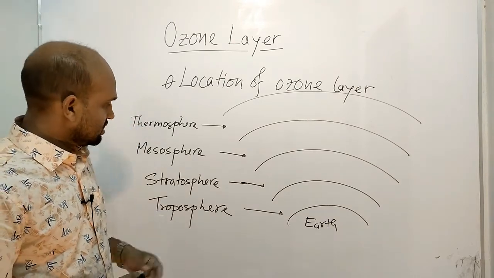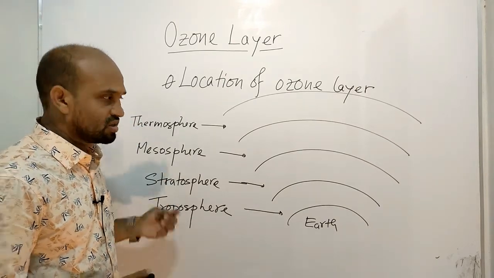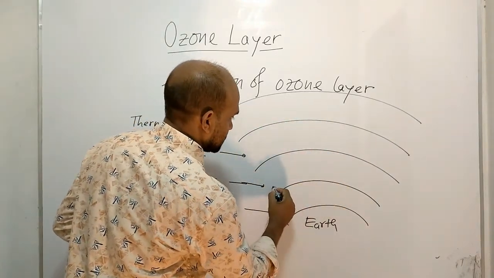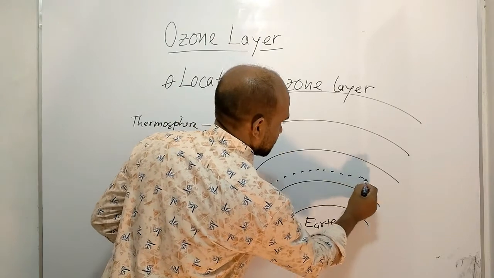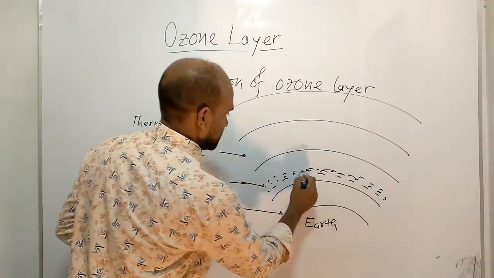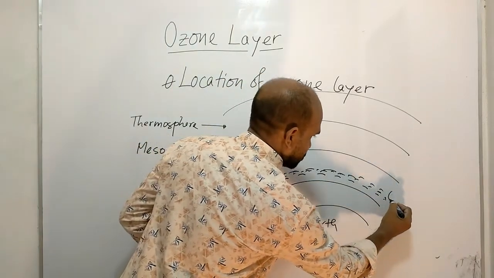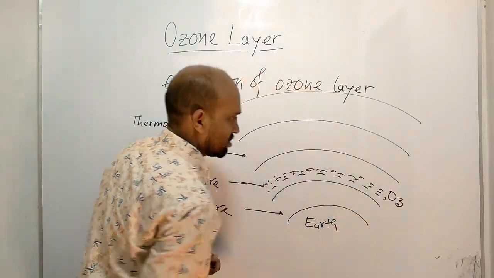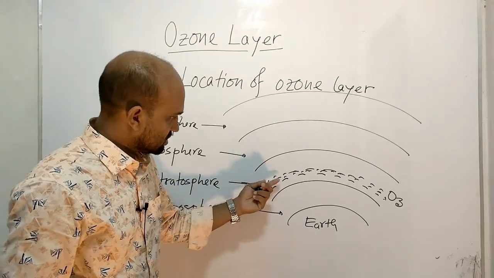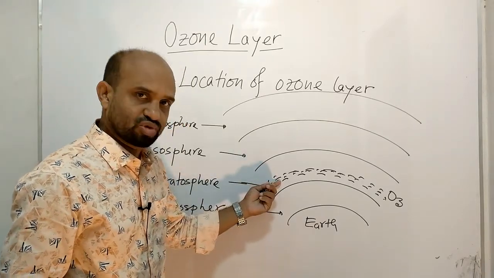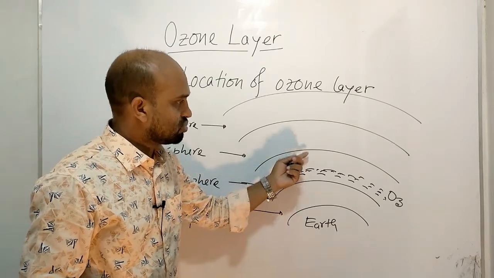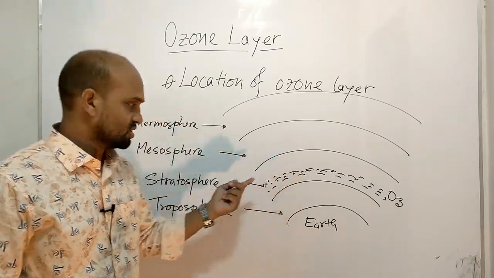And in the stratosphere, towards the down of the stratosphere, there is a layer of gas, that means ozone gas. This is the formula of ozone, O3. So there is a layer of ozone gas towards the down of the stratosphere.